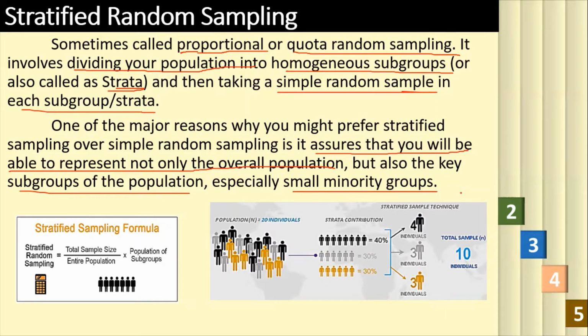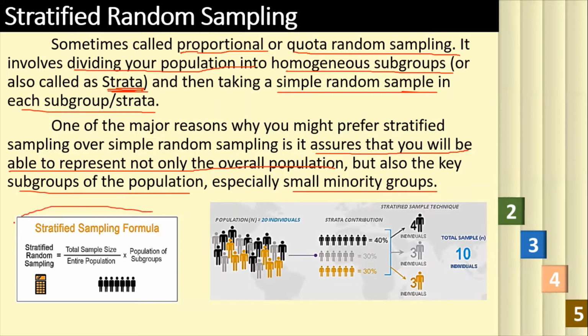Medyo mabias din siya. Kung mag-stratified ka, bahinon man nimo siya by a specific subgroup. So for example, imong strata is by barangay. So kung kani imong gamiton, makasure ka nga in each barangay naa kay makuha nga sample.